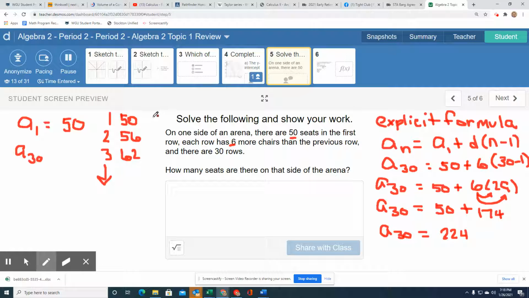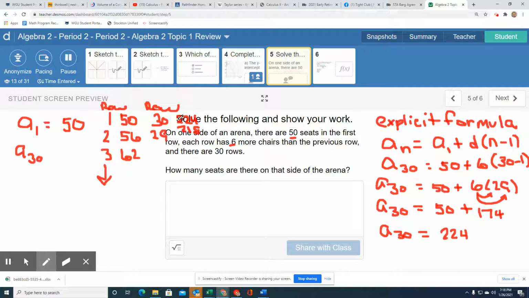But that's going to take us a while. But if we pair them, in row 30 we know there's 224. This is going to get a little messy, but I think we can handle it. In row 29, there's going to be 6 less, so that would be 218.